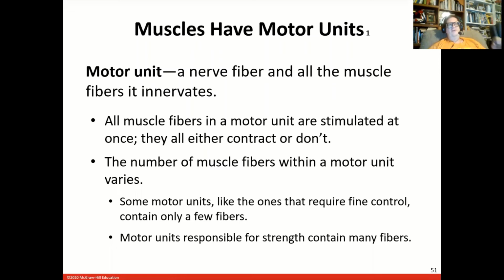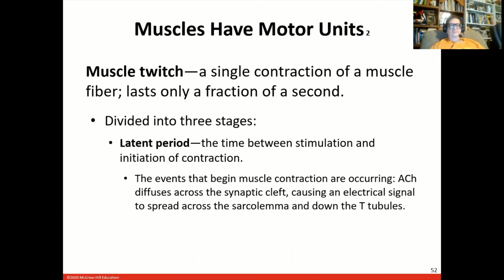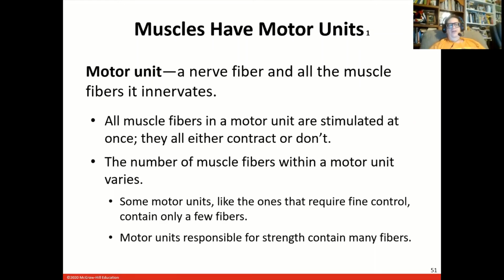Some you have only a few fibers that are being stimulated. Some you have a huge number that are being stimulated. The muscles that are used for very fine control, small movements like signing your signature, those tend to be fewer muscle fibers in a motor unit. The ones that have lots are strong, big movements, strong muscles.